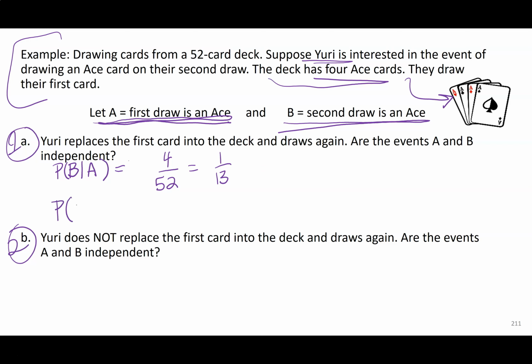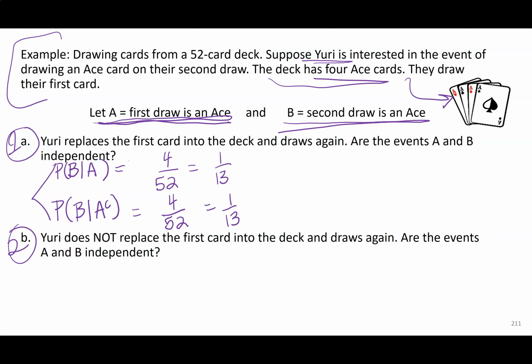Probability that B happens given we drew anything besides an ace on the first one. So let's say I draw a card and I get a 3. I look at it, that's cool. I put it back in the deck, shuffle. There are still 4 aces in the deck, and there are 52 cards. So still 1/13.